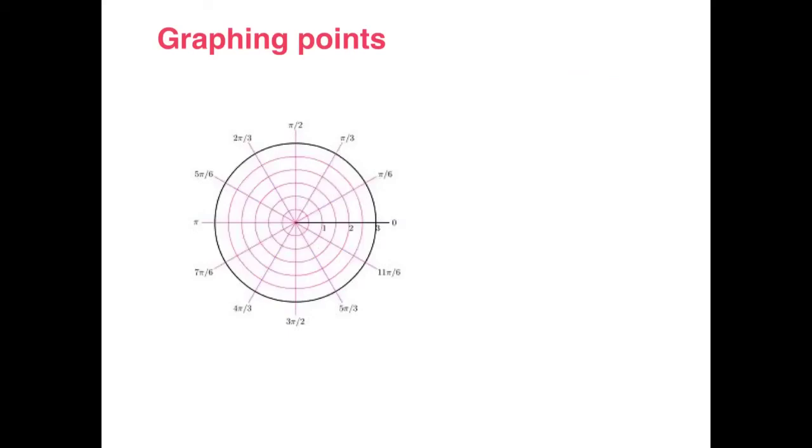So I could give you a point. Let's do this in radians. I'm going to give you the radius and then the angle, how far out and how far around. So if I gave you the point 2, pi over 3, we would go out 2 and around pi over 3. So there would be my point.